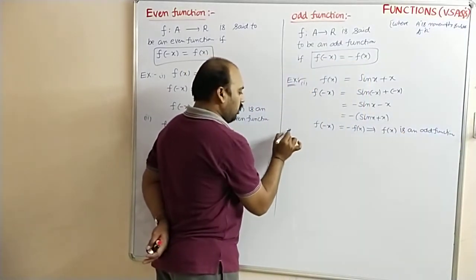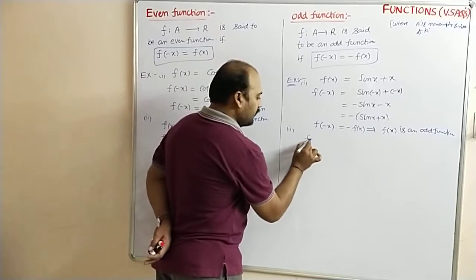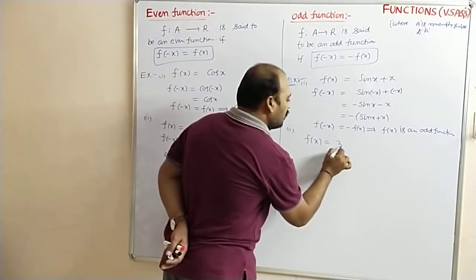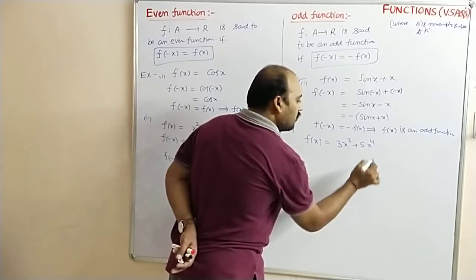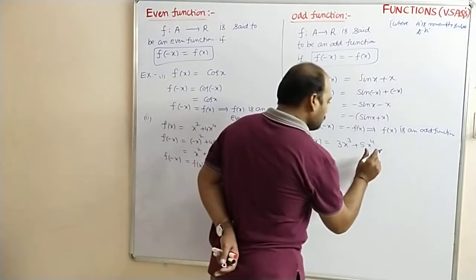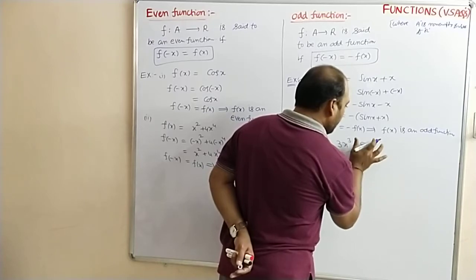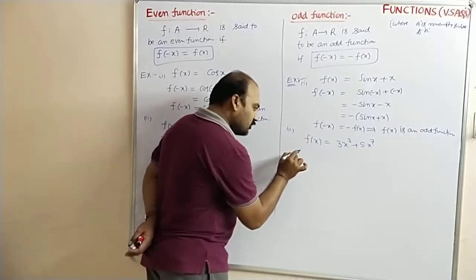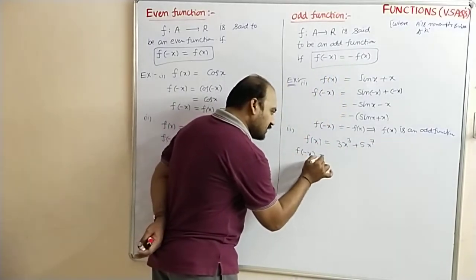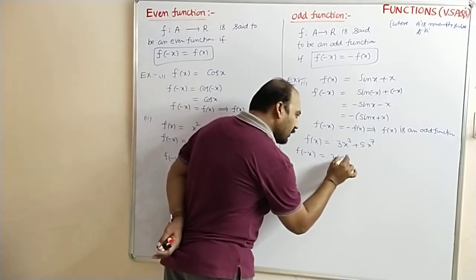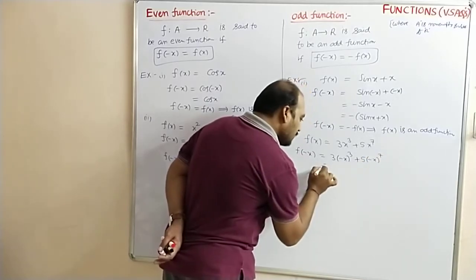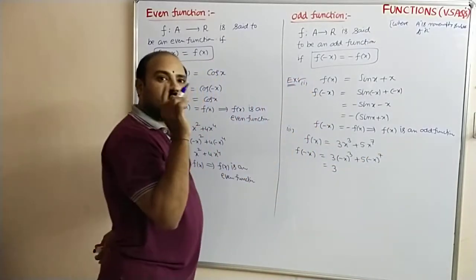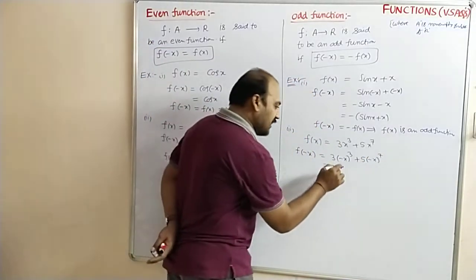Similarly, you can take some algebraic function. F of x is equal to 3x cube plus 5x power 7. Here also you can check that f of minus x equal to 3 into minus x whole power 3 plus 5 into minus x whole power 7. 3 into minus x whole cube, odd number of times, it will become minus.